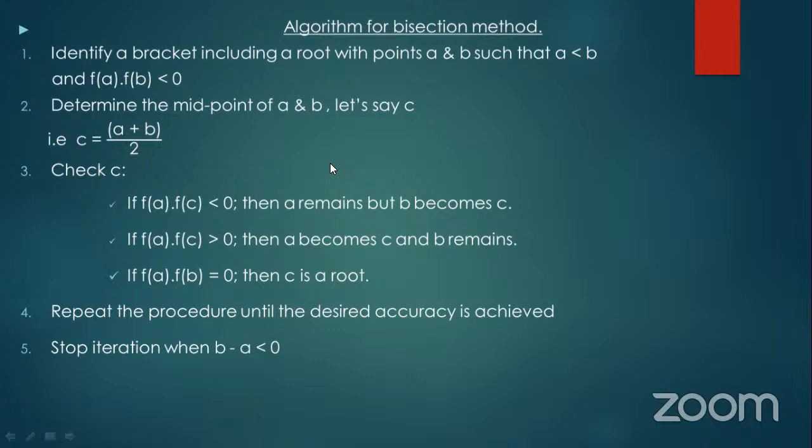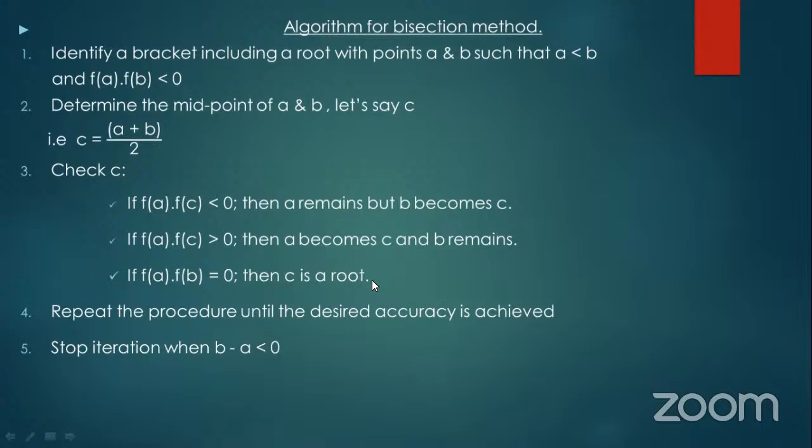Let's check C. If function A times function C is less than 0, then A remains, but B becomes C. And if function A times function C is greater than 0, then A becomes C and B remains. If function A times function B equals 0, then C is a root.